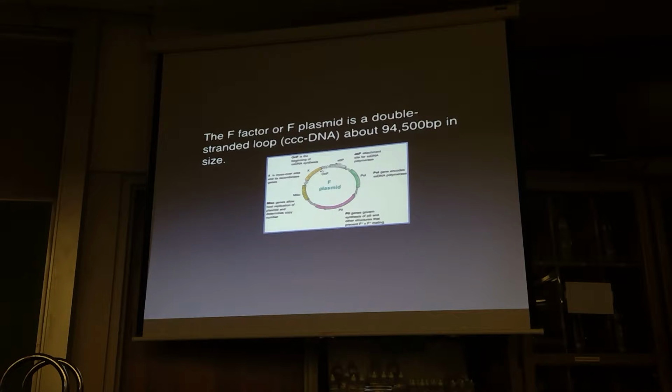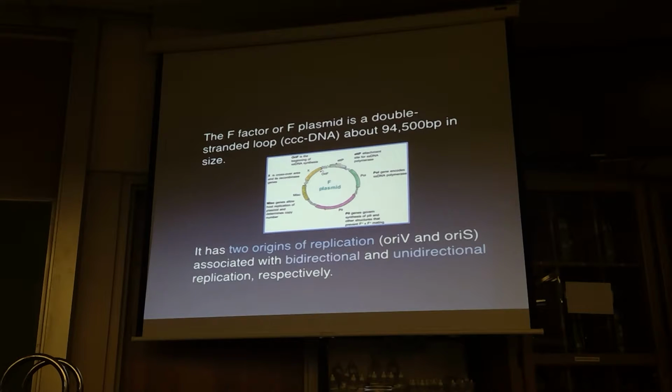It's about 94,000 base pairs in size. It's pretty good size. It has a multitude of different genes on it. It has 2 origins of replication, which is a little bit different. One of those origins, when replication starts, it starts and goes in both directions away from the origin. The other one determines a unidirectional replication.